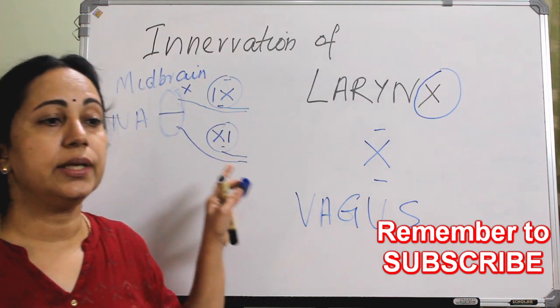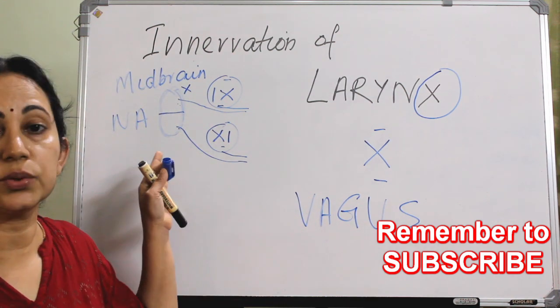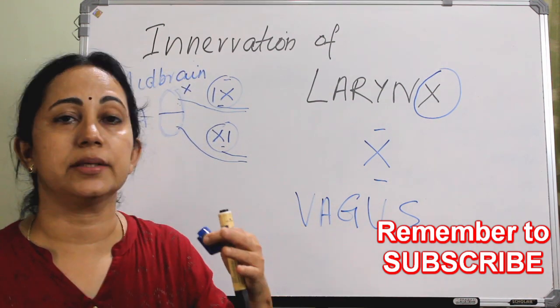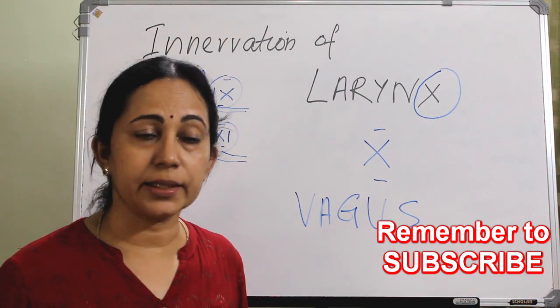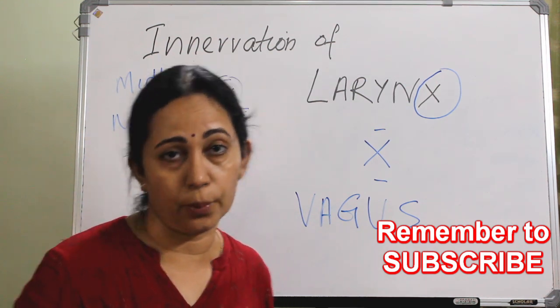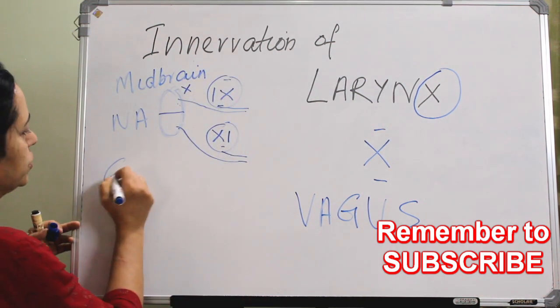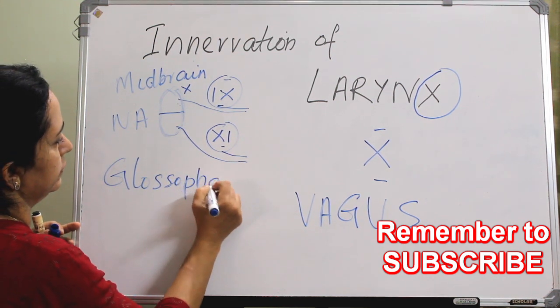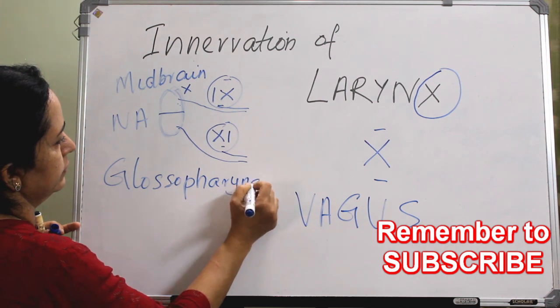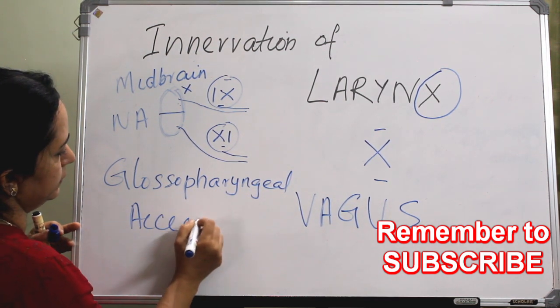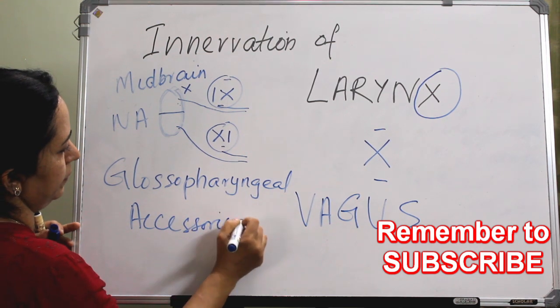Okay, so in lesions of midbrain, especially those affecting the nucleus ambiguus, you can get a combined paralysis of 9, 10 and 11, and that is why they call it the glossopharyngeal accessory complex.